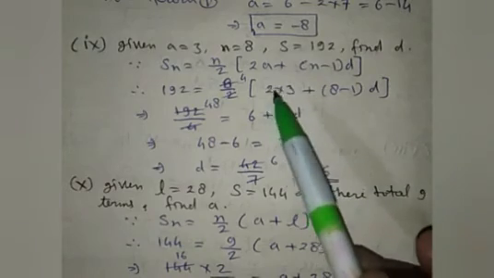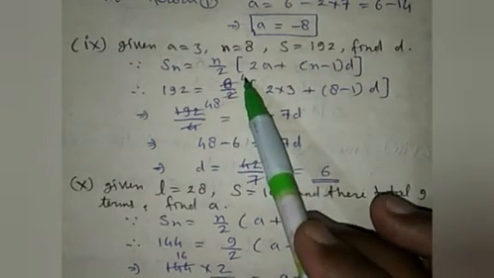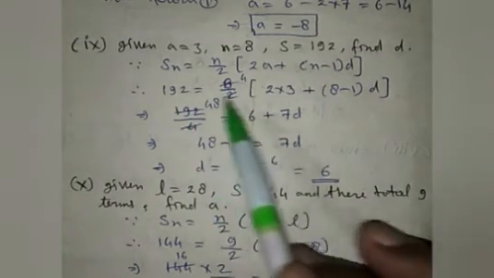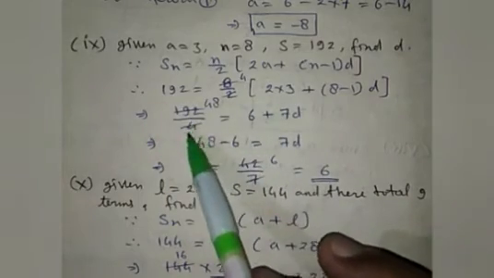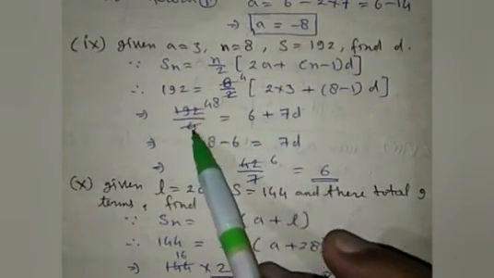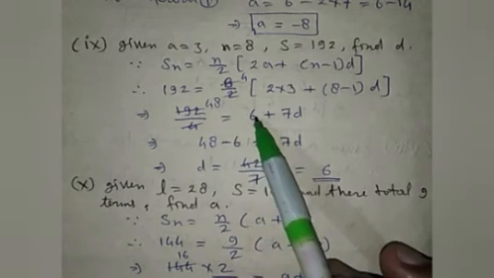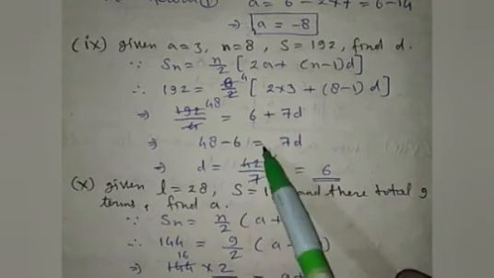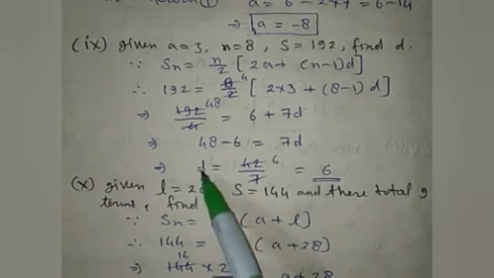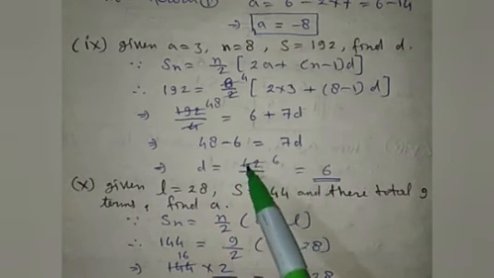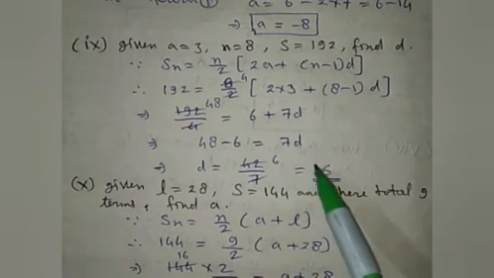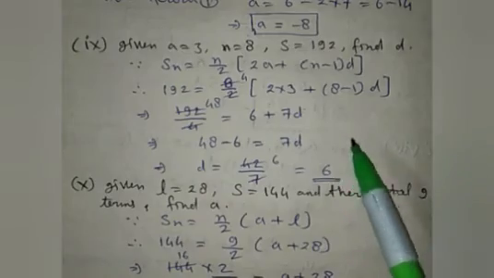On simplifying, 8 divided by 2 is 4, and taking 4 to the left hand side we divide the 192. So 192 divided by 4 is equal to 6 plus 7d. That is 48, and taking 6 to the left hand side, it will be minus 6, that is equal to 7d. So d is equal to 48 minus 6, which is 42, divided by 7, that is equal to 6. So the value of d is 6.